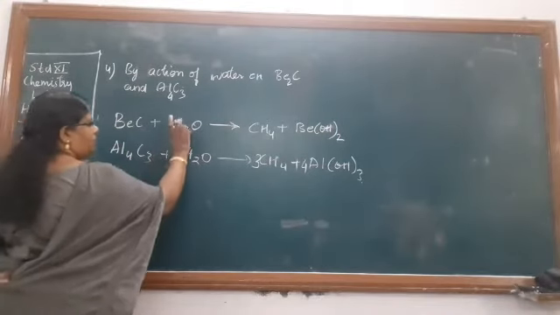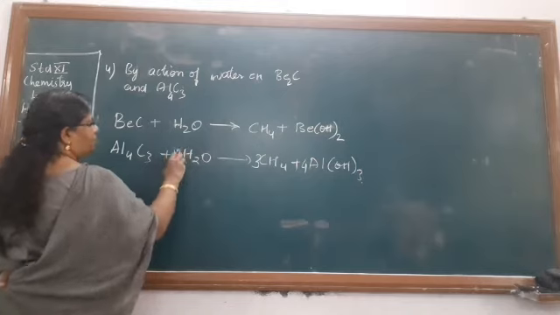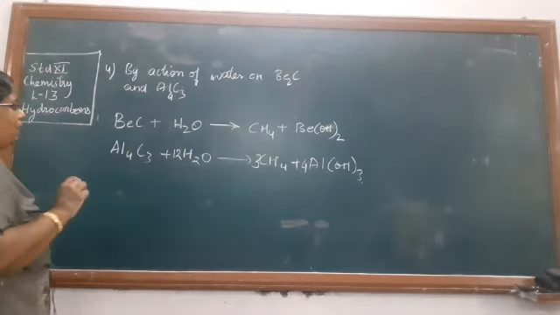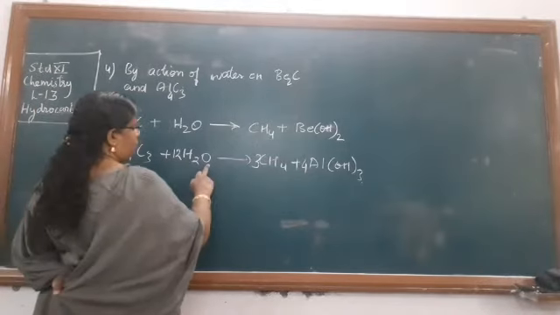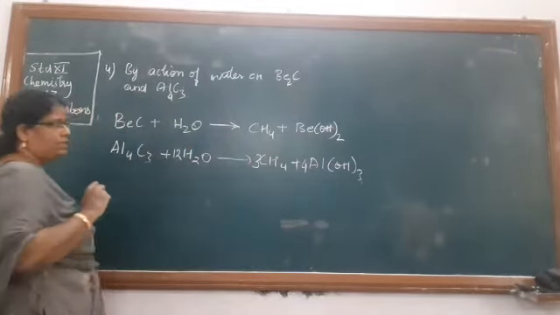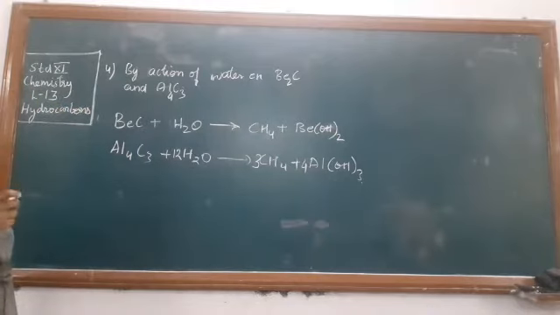So here I should put 12, sorry. So 12H2. Okay, I hope now it is balanced. How many oxygens do you have here? 12 oxygens, here also 12 oxygens, it is balanced now. 4 aluminum and 3 carbon.